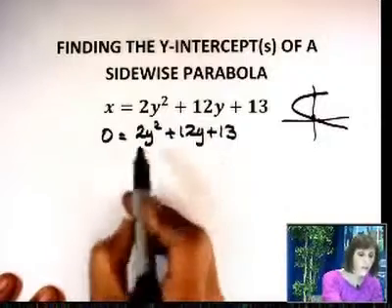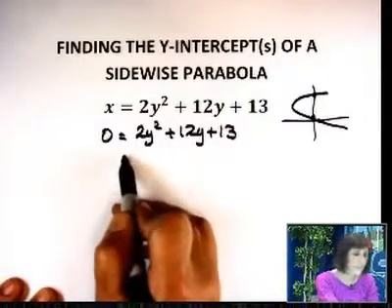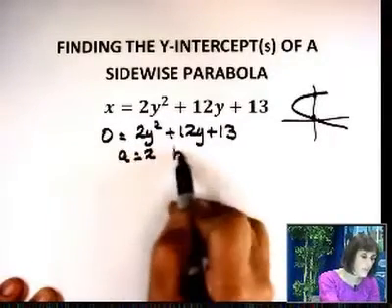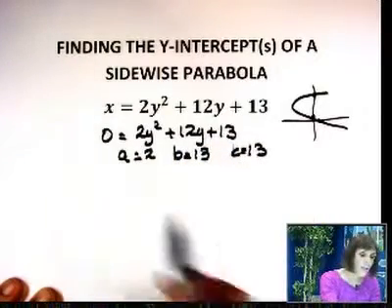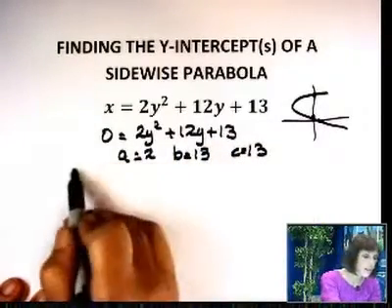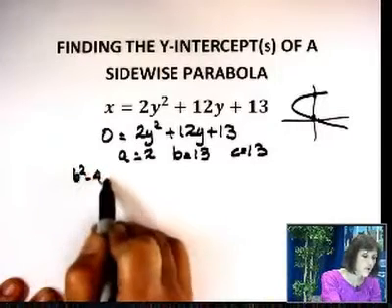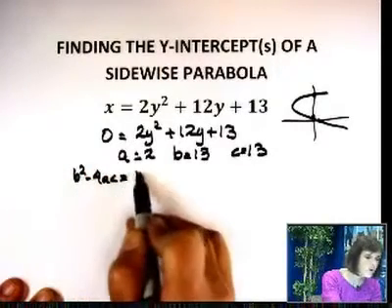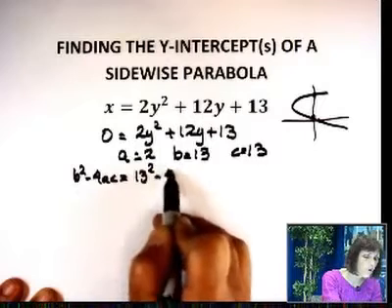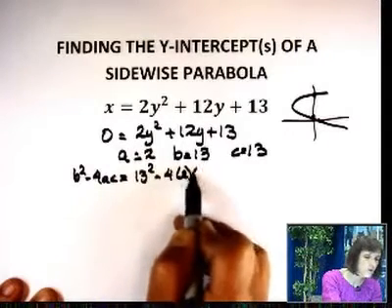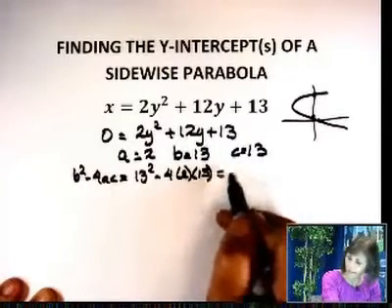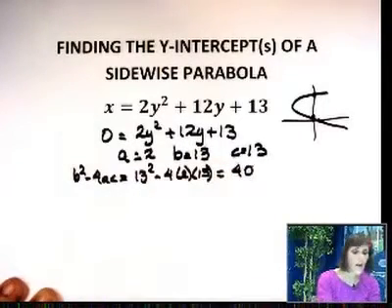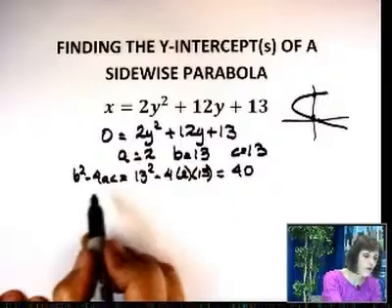Well, to solve that, I need to write down my ABCs. A is 2, B is 12, C is 13. Then I need to write down the discriminant, b squared minus 4ac, which is 13 squared minus 4 times 2 times 13. When I do that, I get 40. All right, let's put it in the formula.